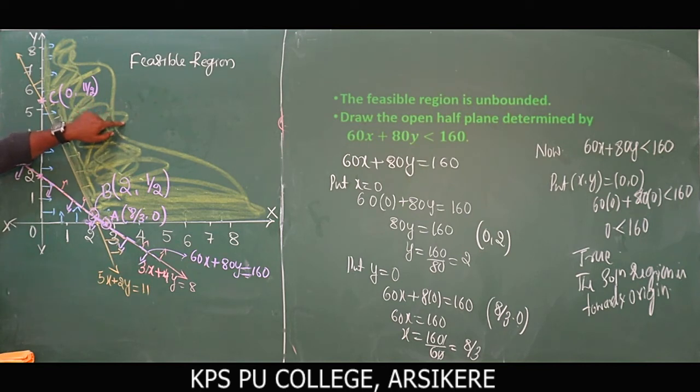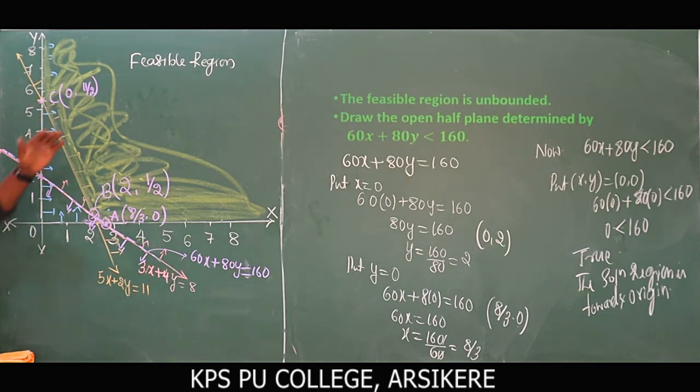Even the feasible region is unbounded. This open half plane has no point in common with the feasible region. Hence the minimum value of z is 160, which will be attained on the line joining the points 8 by 3, 0 and 2, 1 divided by 2.